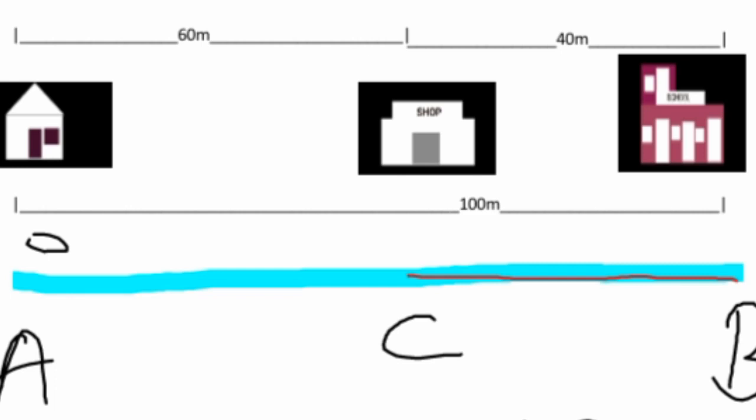So the boy starts from A, moves through B and reaches C. His initial position is at A and final position is at C. So we can calculate the distance and displacement of that boy from this example.